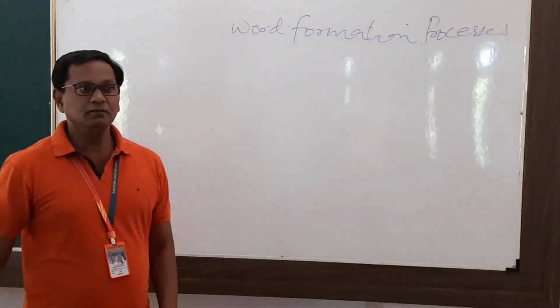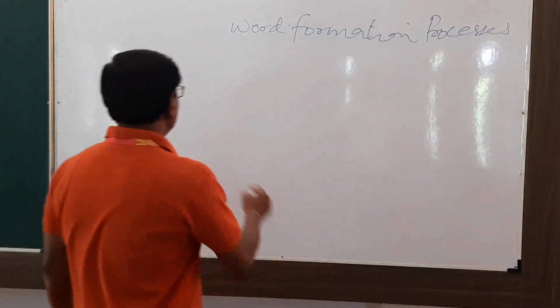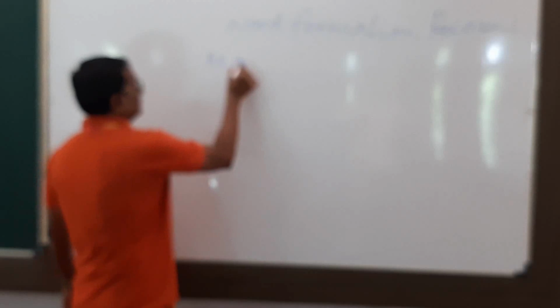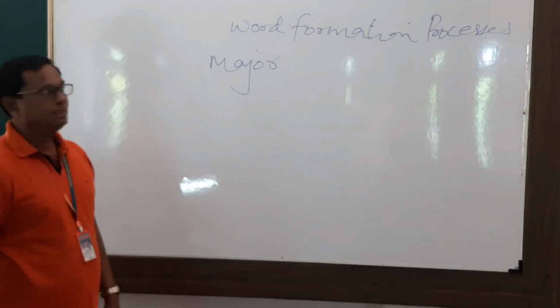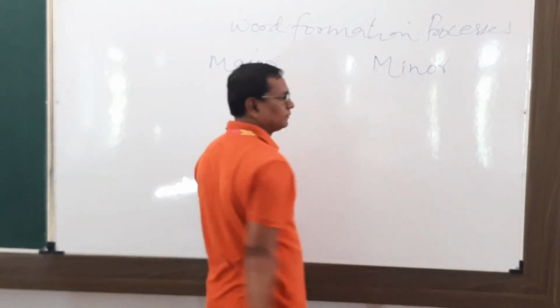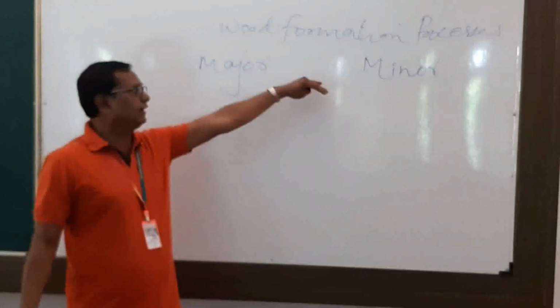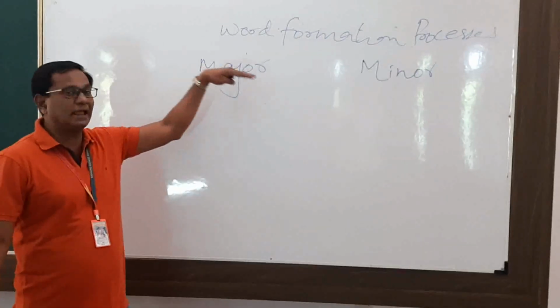So we have various processes. Out of them, we have major word formation processes and minor word formation processes. The word formation processes have two forms, the major and the minor.